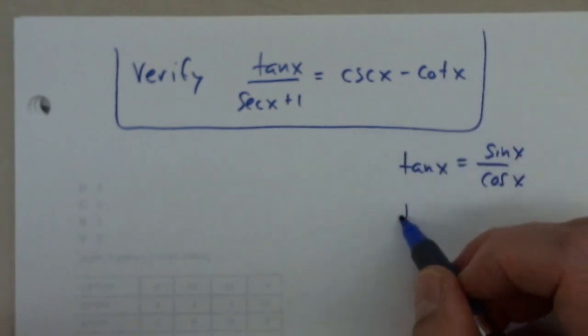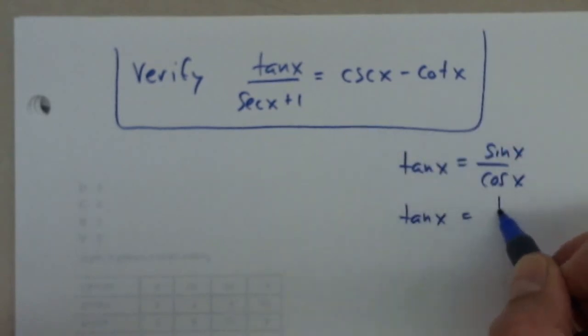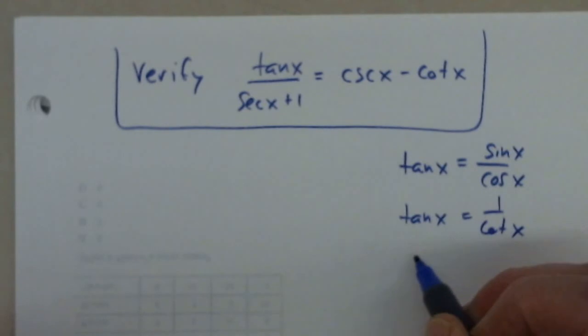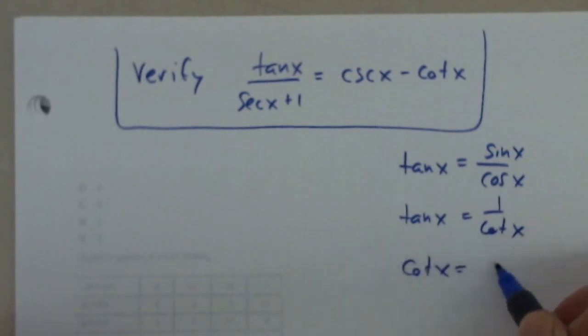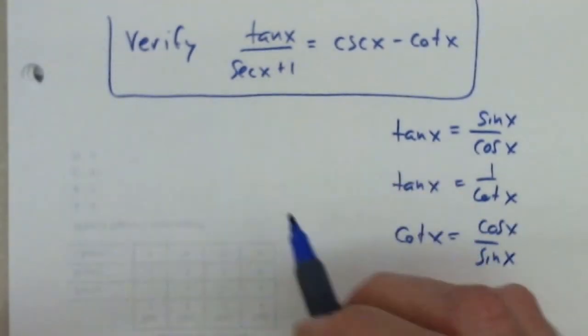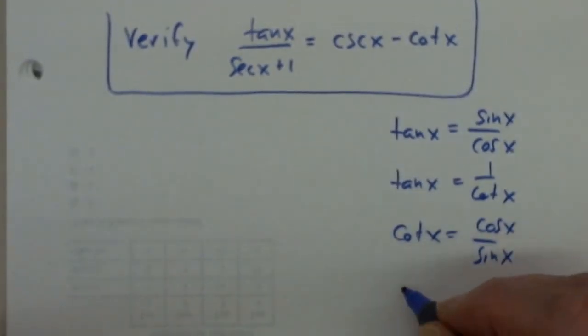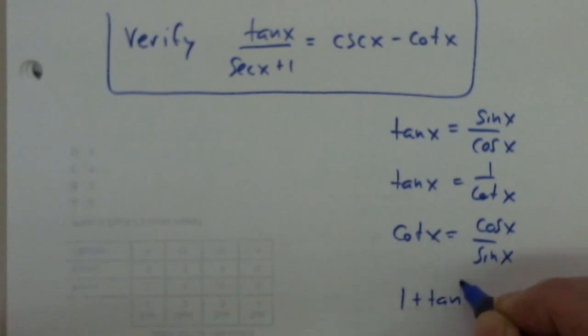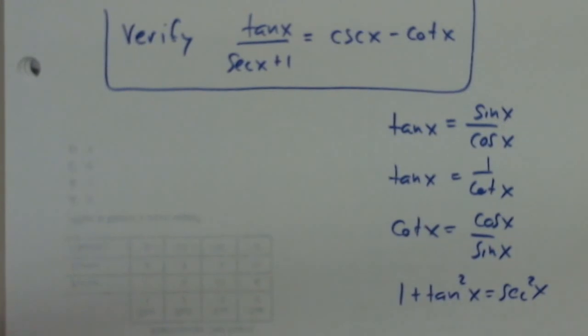Maybe we need a cotangent. And maybe we need this cotangent identity. Secant and tangent, those are related with a Pythagorean identity. So let's see if that works.